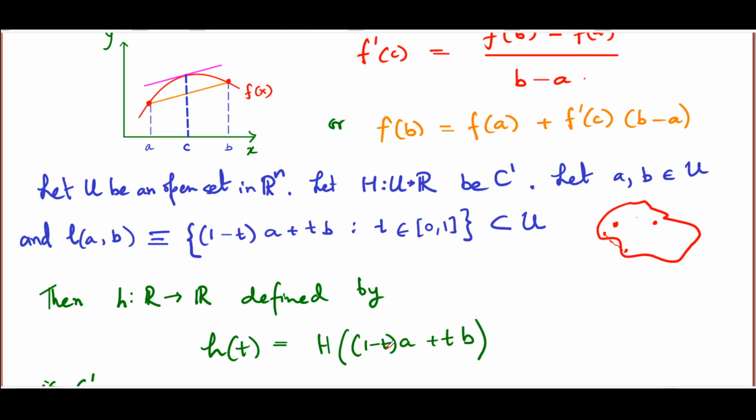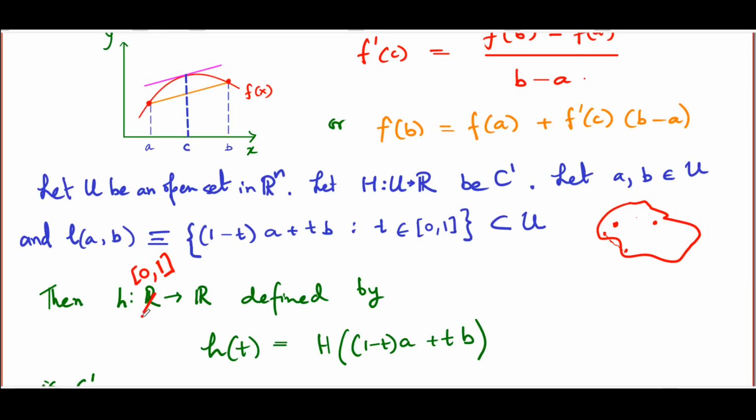Note that as t goes from 0 to 1, this point (1 minus t)A plus tB is somewhere on L_AB, or somewhere in this set, and this set is inside the domain U, so capital H can of course act on it. So h(t) becomes a function which actually is not really R to R, is really defined from [0, 1] to R.